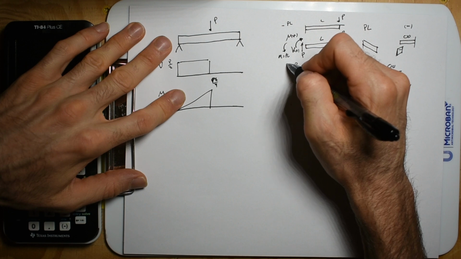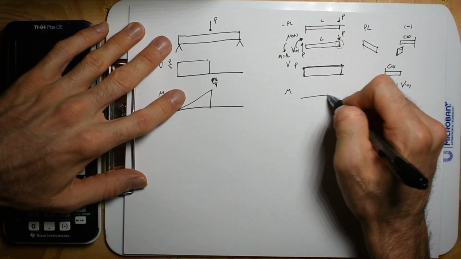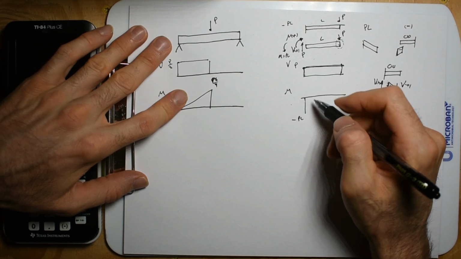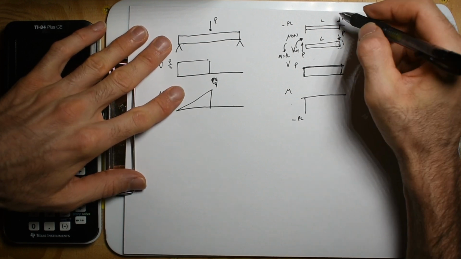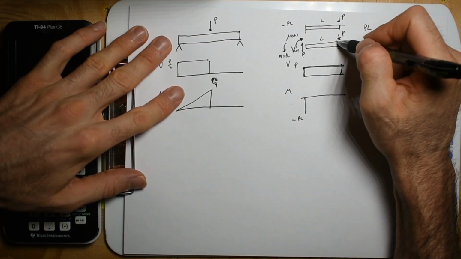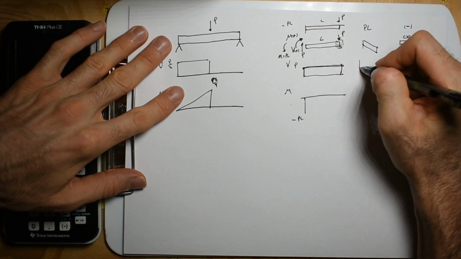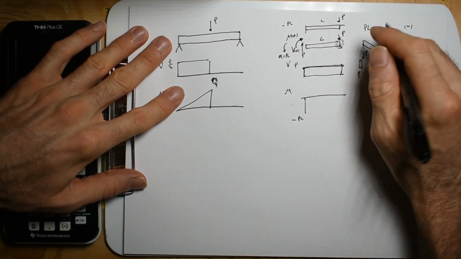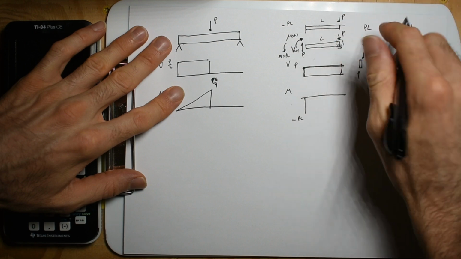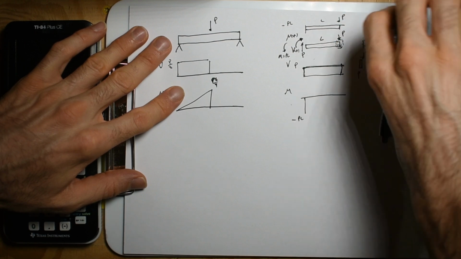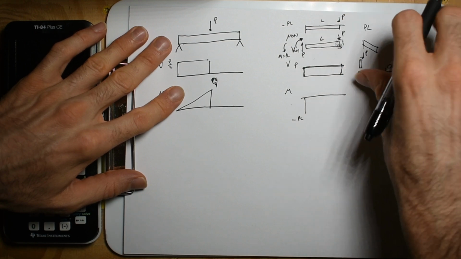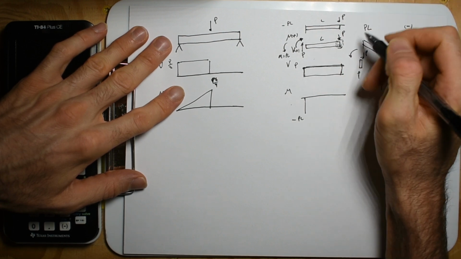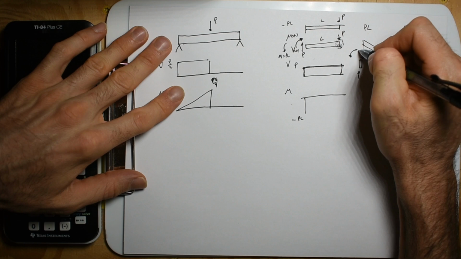So this is the shear, and then when we go to the moment, we're going to have a negative PL over there. And then by getting right to this real far extreme, if we take that little chunk, P this direction, balanced with a P that direction on the cut face, there's a very tiny moment. This distance is super tiny, so we do have a negative moment, and then we have to couple it with a moment this way, which is a positive from the free body diagram perspective.